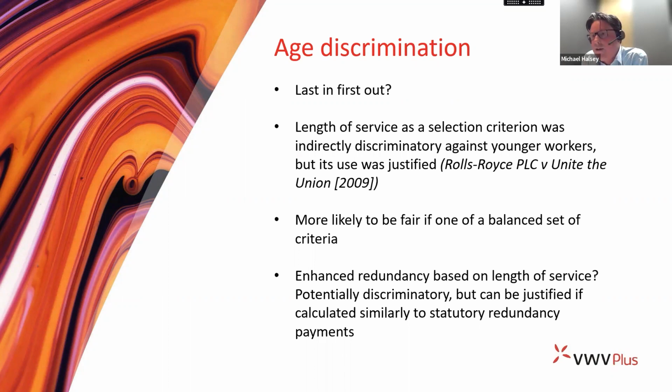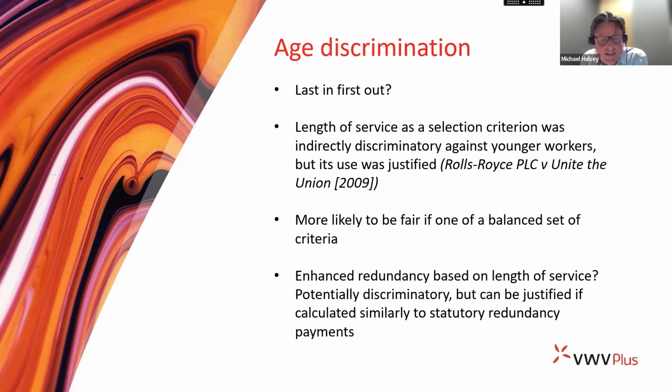So what if your enhanced redundancy scheme doesn't fall into that category? So it doesn't fall into one of the permitted ways of enhancing the statutory scheme. And I think there'll be quite a few schemes like that. For example, schemes that don't use the same age bands, or schemes that have preferential access to early retirement and things like that.